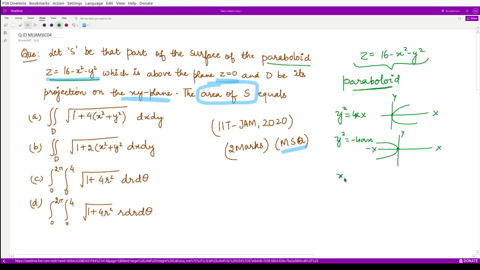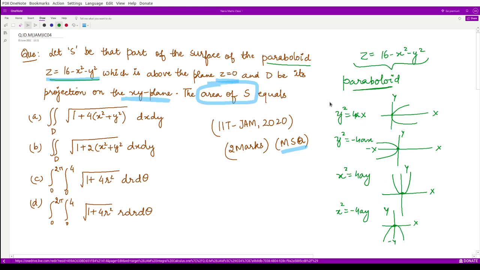And if you take x square is equal to 4ay, this will form the upward parabola, having vertex at origin and facing upwards in the positive y direction. And if you have x square is equal to minus 4ay, it would be the parabola facing in the downward direction, having vertex at origin, right? So this is what you already know.